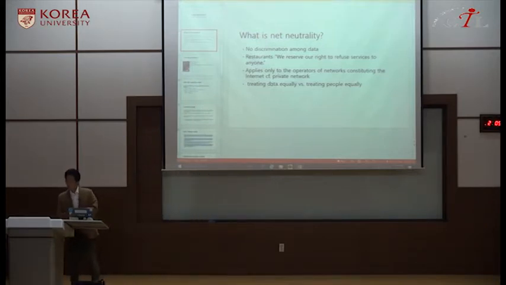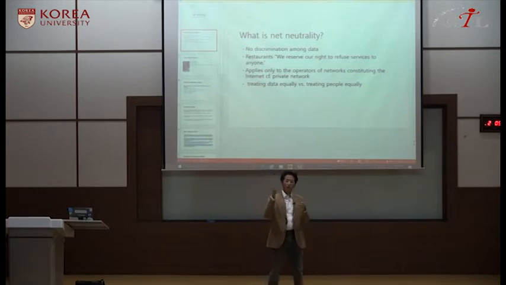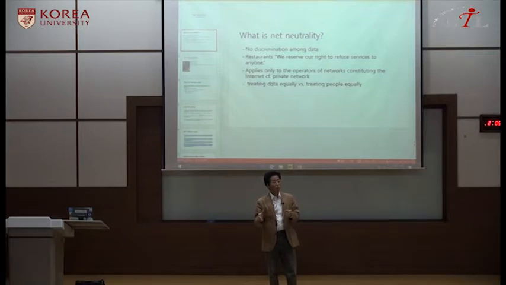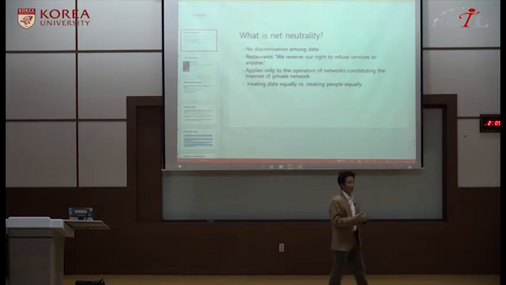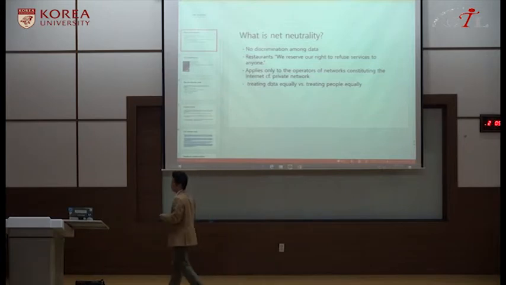When it says no discrimination, it means no discrimination, not just in terms of blocking certain data and letting other data pass through, but also slowing down some data as opposed to other data, or accelerating certain data as opposed to other data, right? All of that is discrimination, is to be banned under the net neutrality rule.